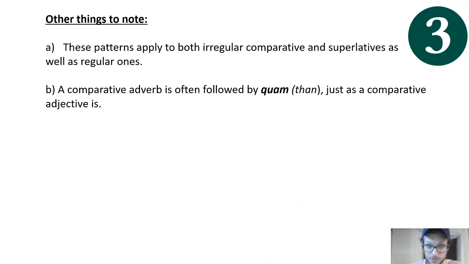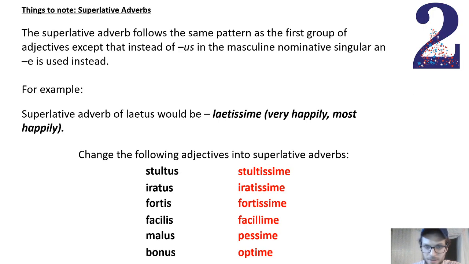Other things to note. These patterns apply to both irregular comparative and superlatives as well as regular ones. What I mean by that is the last two, malus and bonus, are both irregular. The word changes. The previous ones, stultus to facilis, they are all regular.